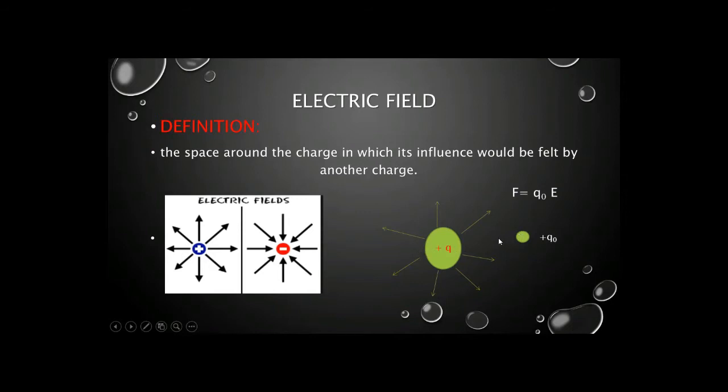When it comes close, it will repel because they both have similar charges. So that's how we can feel the electrostatic force of that charge through this test charge. This is the region around the source charge where its electrostatic force can be felt.